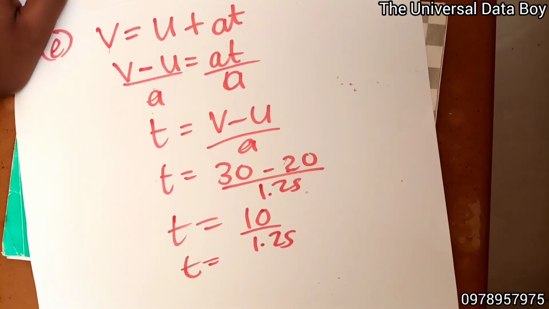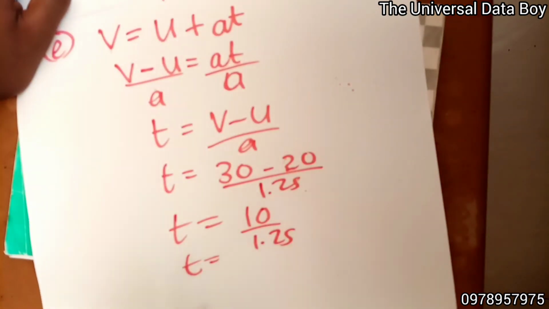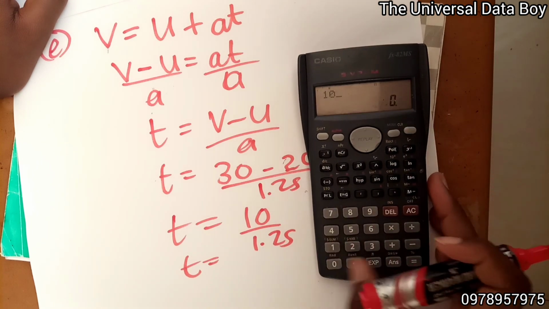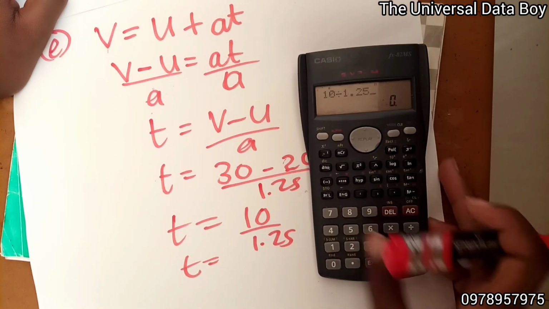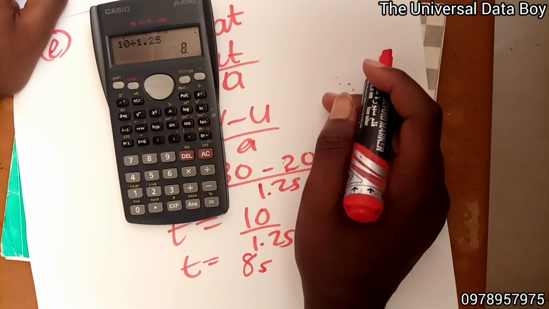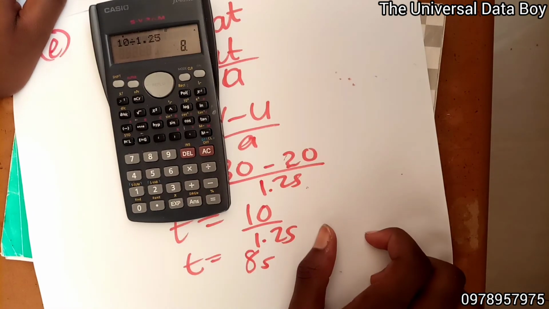I punched this in the calculator, by the way. 10 divided by 1.25 is 8. So 8 seconds. Thus we are done with question 6. We go to the last one now, question 7.